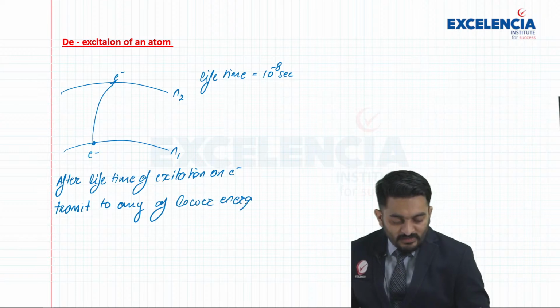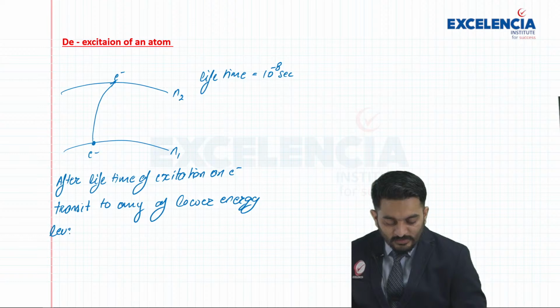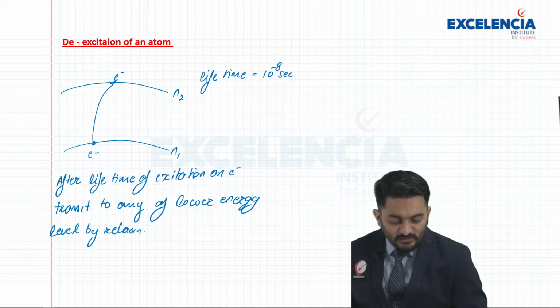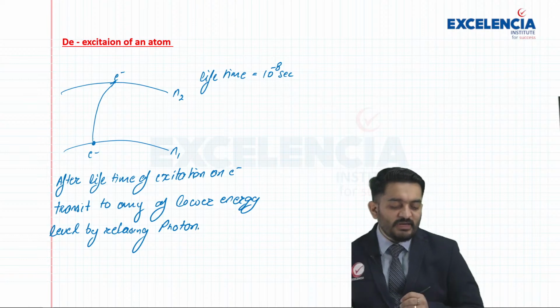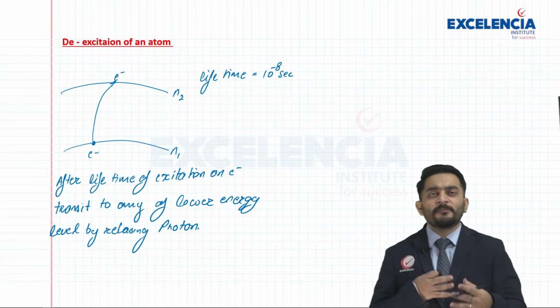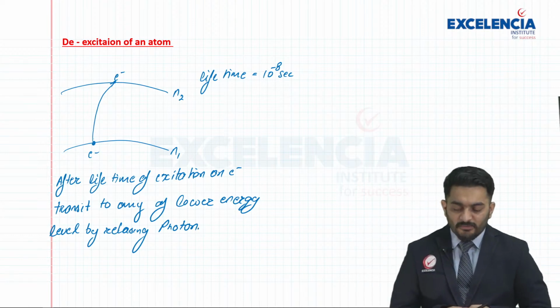So you have to be very careful with this particular method. When it goes back to the lower orbit, whatever excess amount of energy it has is going to be released in terms of a photon, and various values can be calculated for that particular photon.